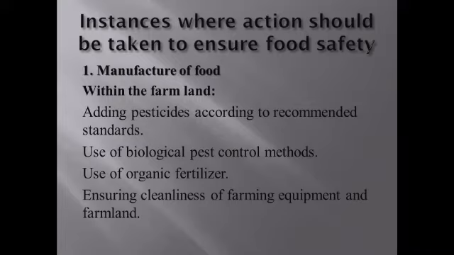Manufacture means production. When we prepare food, that is manufacture. This manufacture is handled in two ways: within the farmland and within the factory. For example, rice, lentils, and things related to plants come from farmland. In a factory, we are eating biscuits, cakes, chocolates, some kind of instant food, all prepared in a factory.